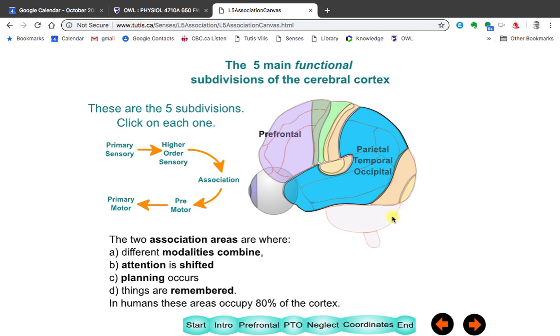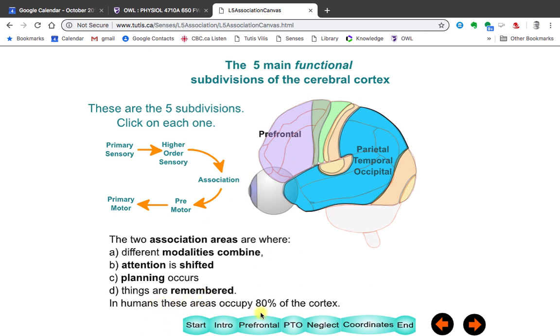They're dependent on what the problem is, and these association areas, that's where the different modalities combine. So hearing and touch and seeing. That's where attention lies. We'll see how attention gets shifted here. That's where planning occurs, and things are remembered.